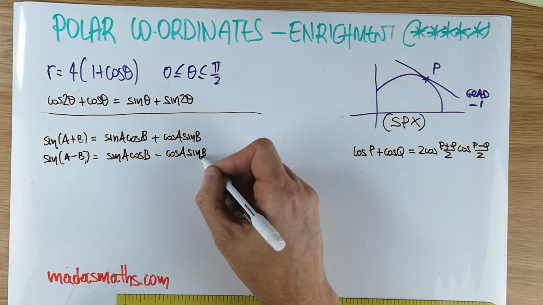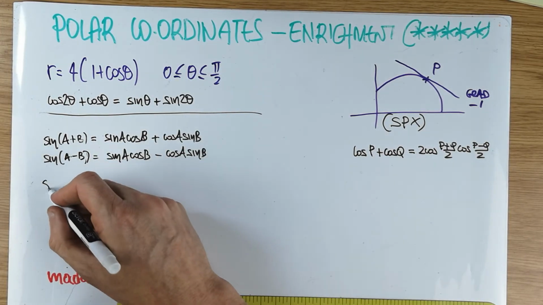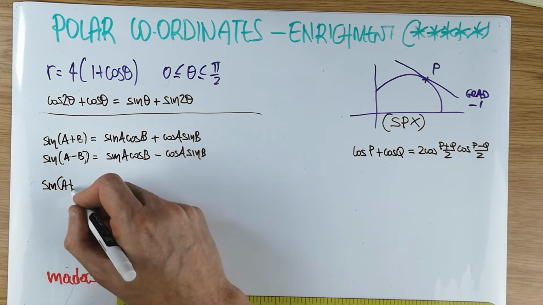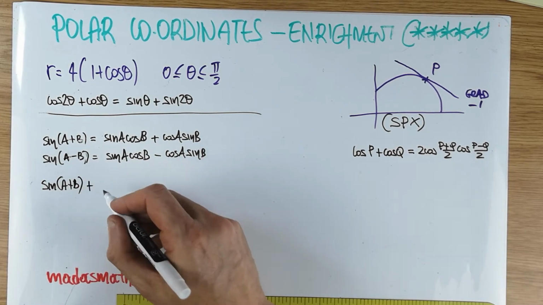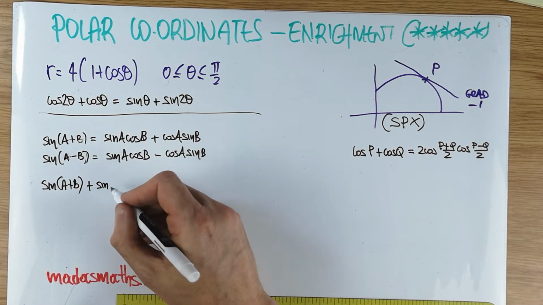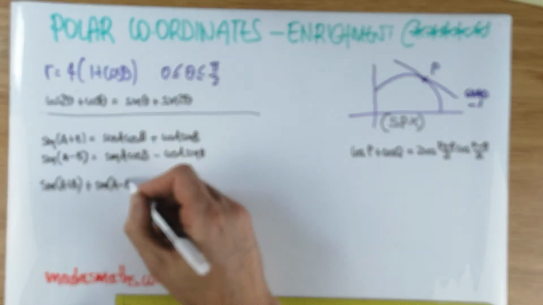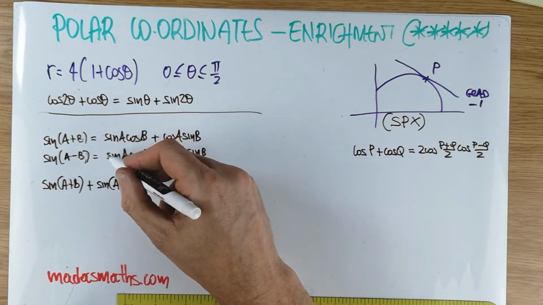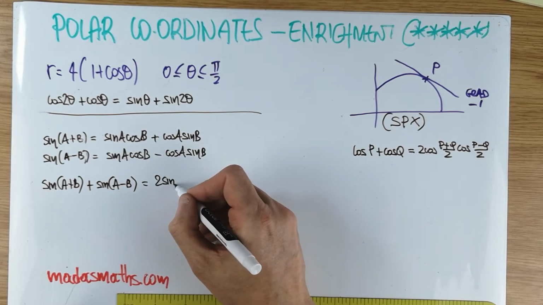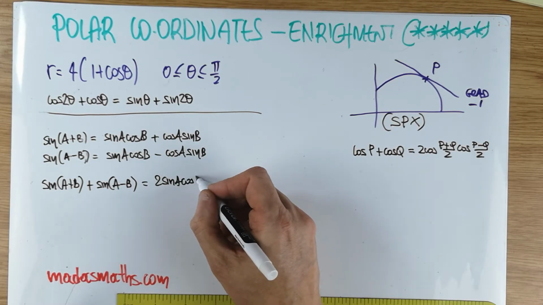All right, we need them to add. So again, it's going to be sin(A plus B) plus the sine of (A minus B). Of course, this will cancel on addition, so I've got 2 lots of that: 2 sin A cos B.